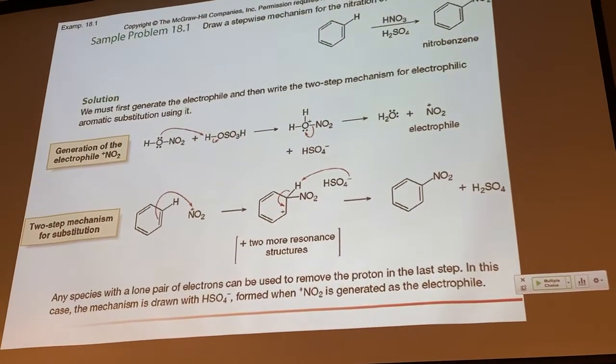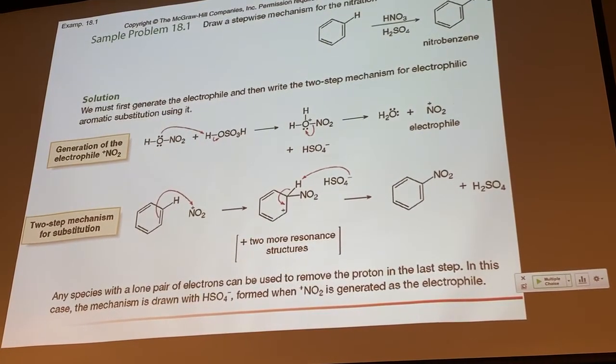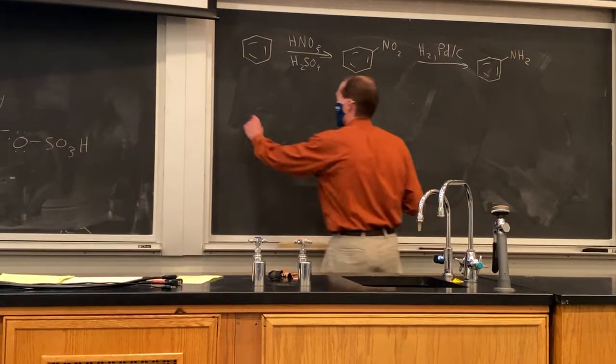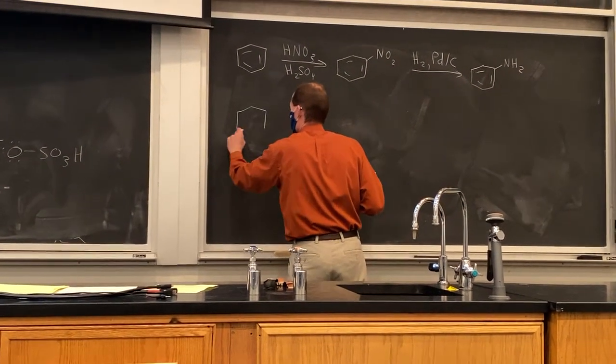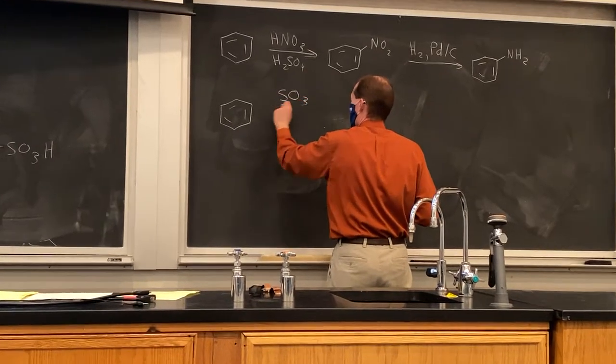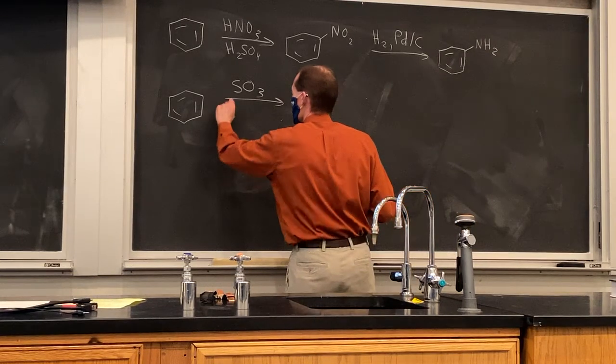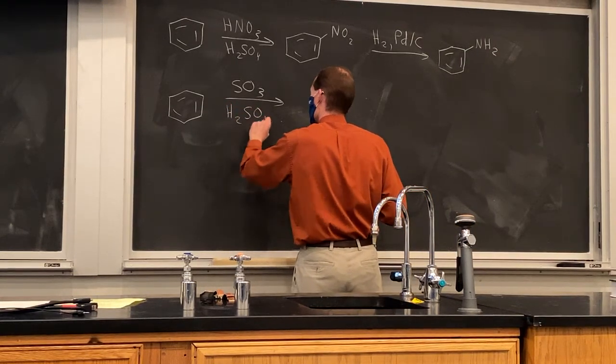So we are regenerating sulfuric acid in this reaction. A very similar reaction is the sulfonation reaction. So we take benzene, we react it with sulfur trioxide. In this reaction, we also use sulfuric acid.